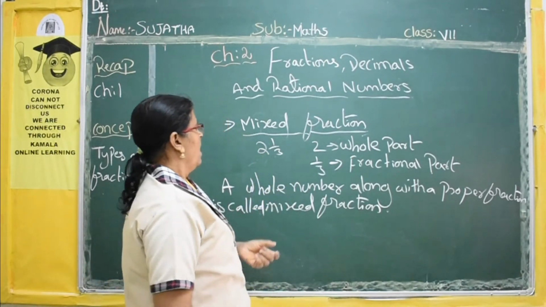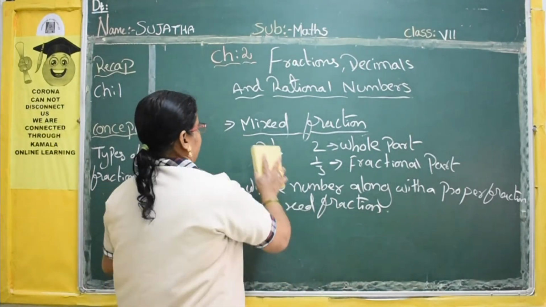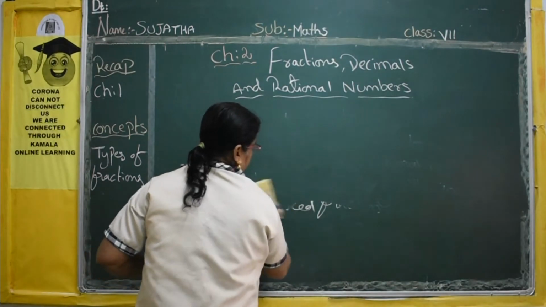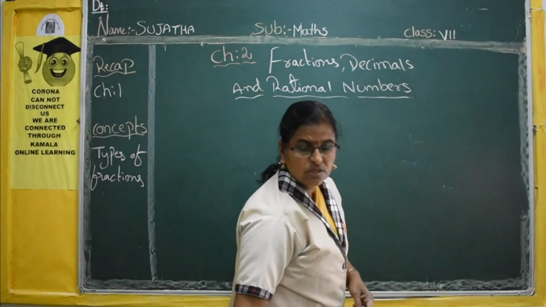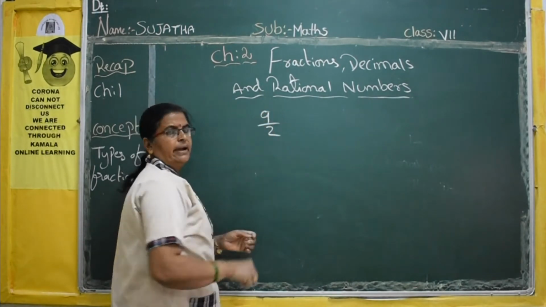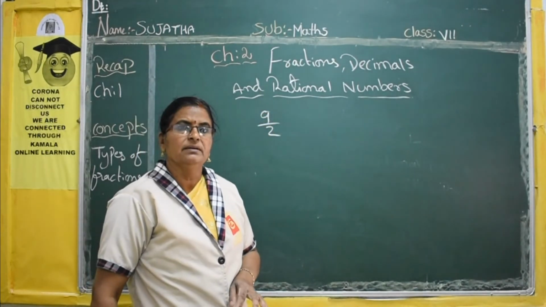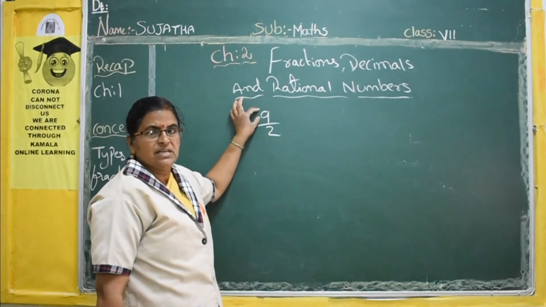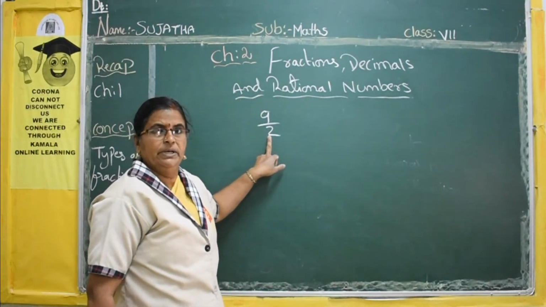Now, how will we get the mixed fraction? Suppose 9 by 2 is there. Is 9 by 2 proper or improper? It is an improper fraction. Why? Because 9 is the numerator and 2 is the denominator.